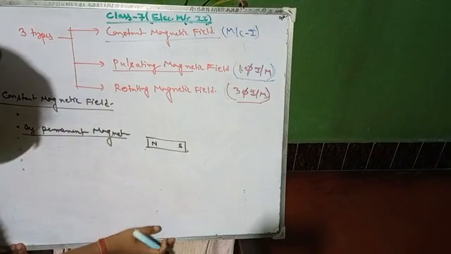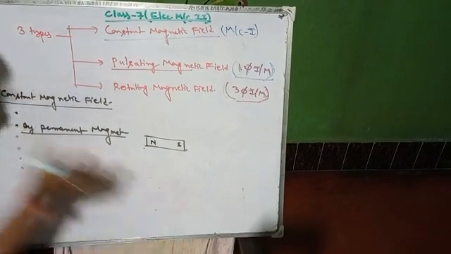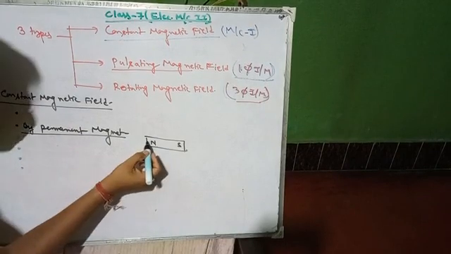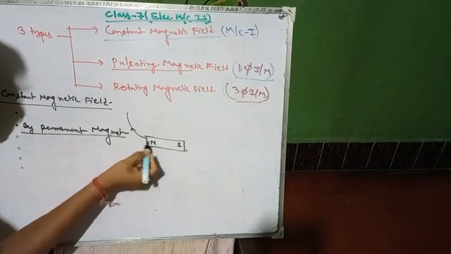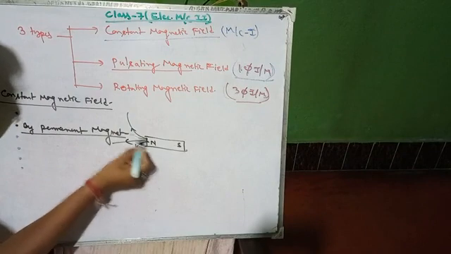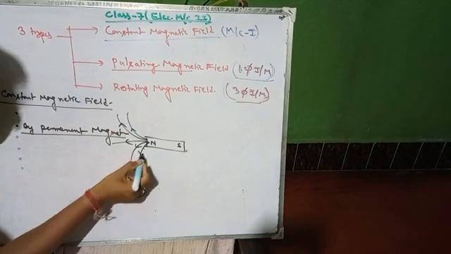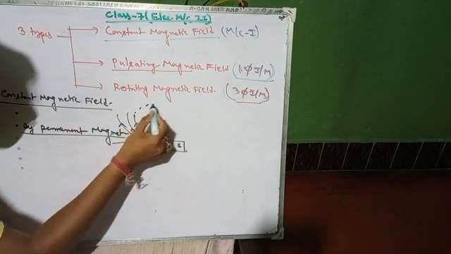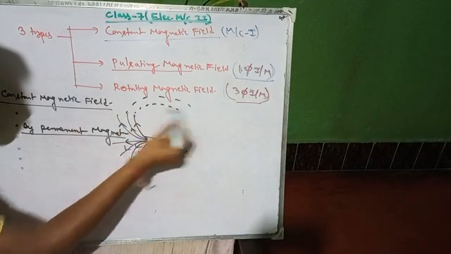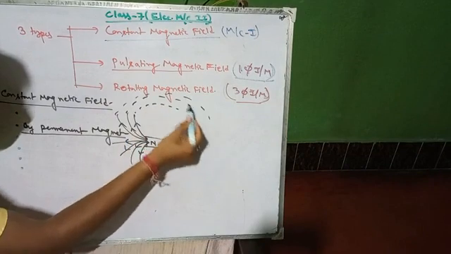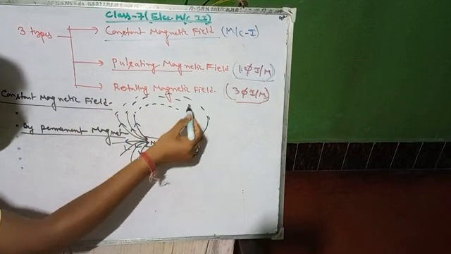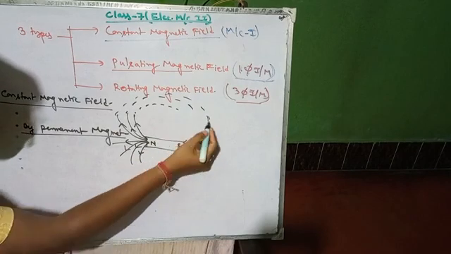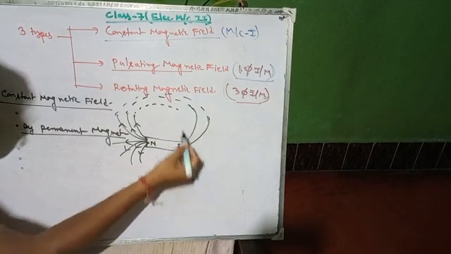It is very much a basic idea for all of us that the north pole always emits the flux, and the flux moves through a certain path and is absorbed by the south pole.